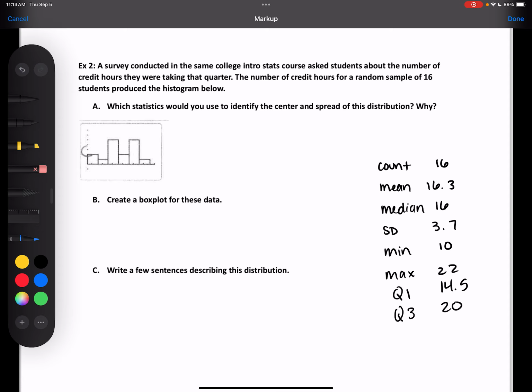Median and IQR. And, oh, we already said that. It's multimodal, or you can say bimodal, whatever. And it's slightly skewed left. I can see that because this has more going on this side than it does over here.